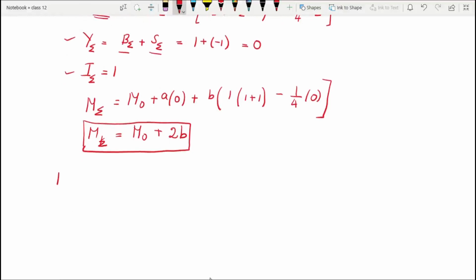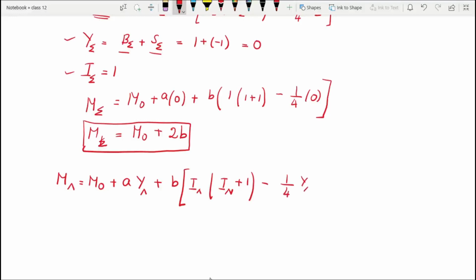It will be m of lambda is equal to m naught plus a into hypercharge of lambda plus b into isospin of lambda into isospin of lambda plus 1 minus 1 by 4 times of hypercharge of lambda square.